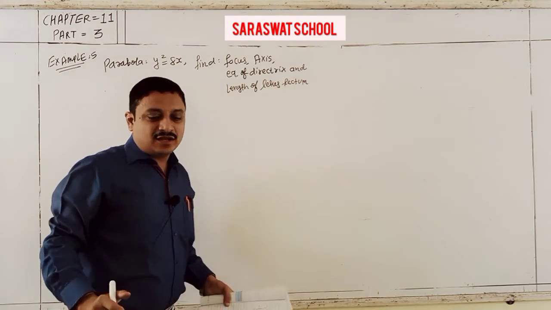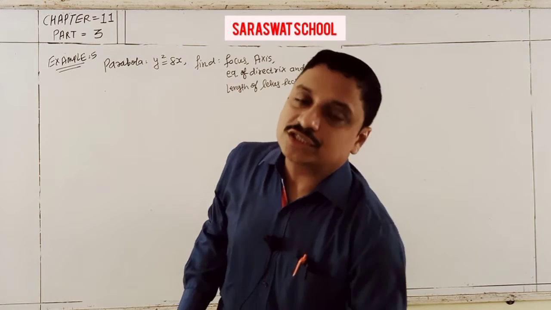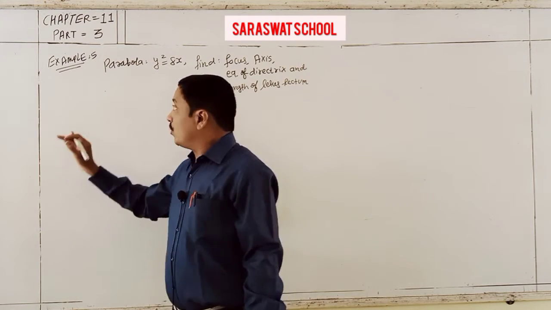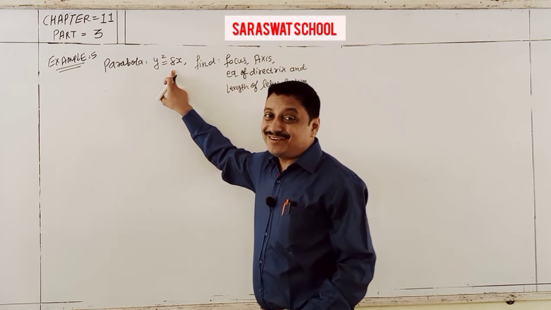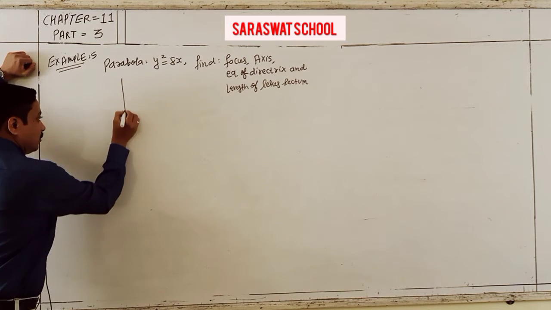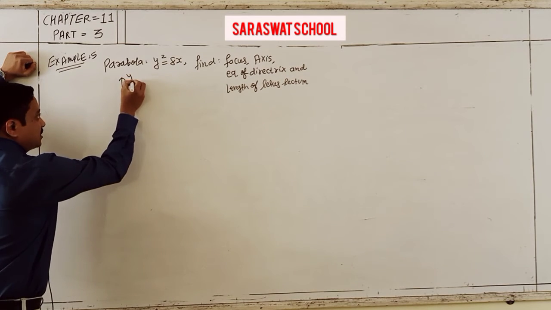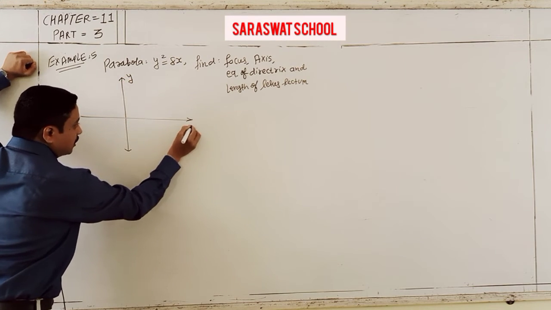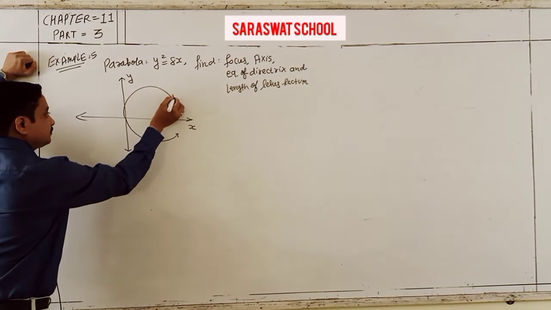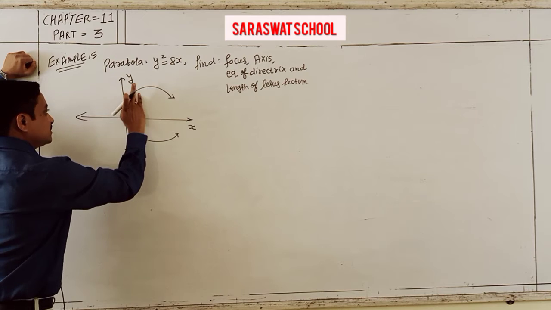Very easy. First of all, you choose for your given question which figure it is, first, second, third or fourth. Y square is equal to something positive, it is the first case. So we draw our drawing. Compulsorily you also draw the x-axis. In that way we cover the parabola on these sides.